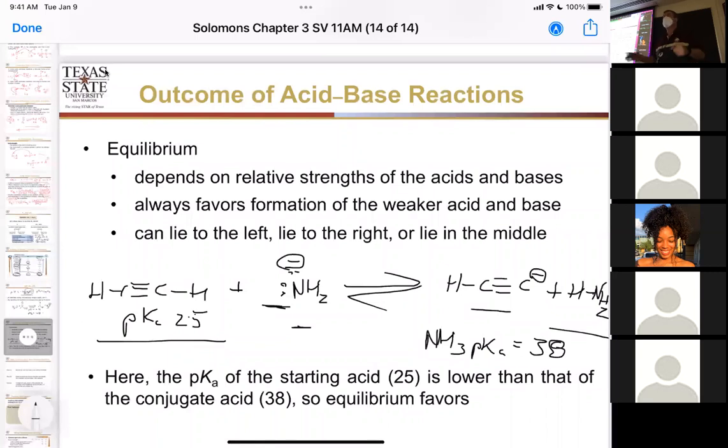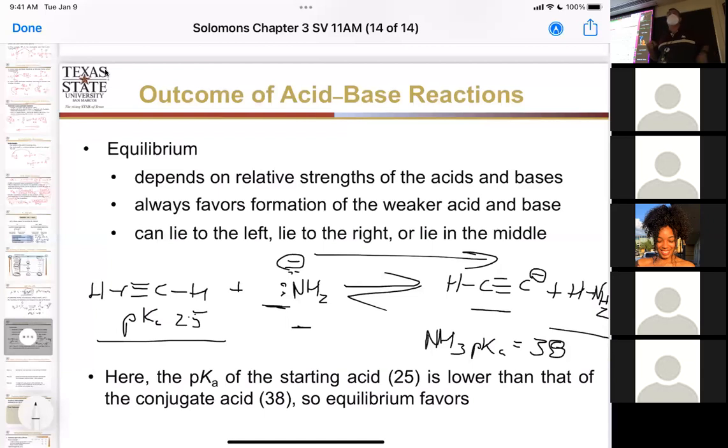So which way is the equilibrium going to lie? To the stronger acid or the weaker acid? To the weaker acid. So it's going to go that way. You don't even need to know the base strength. All you need to know is the pKa of the acid and the conjugate acid, and you can tell which way the equilibrium is going to go.